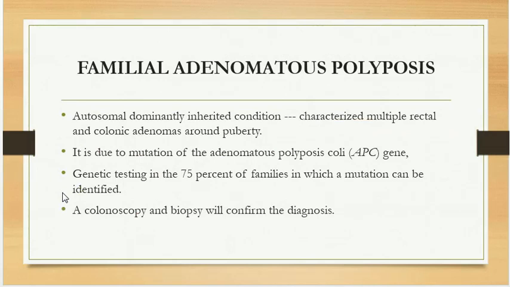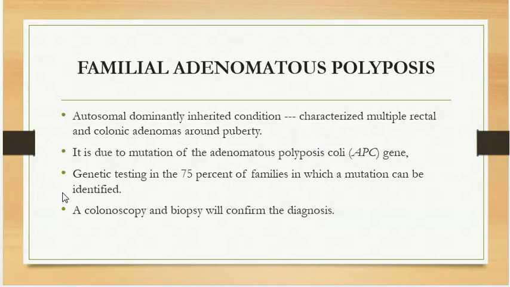Then, familial: the rectal adenomas may be part of familial adenomatous polyposis, which is an autosomal dominantly inherited condition characterized by multiple rectal and colonic adenomas around puberty. It is due to mutation of the adenomatous polyposis coli, APC, gene.